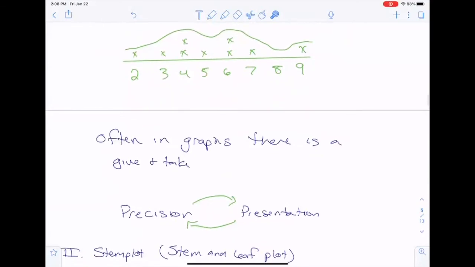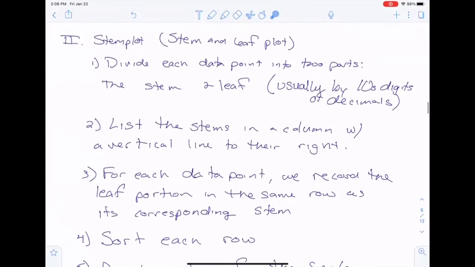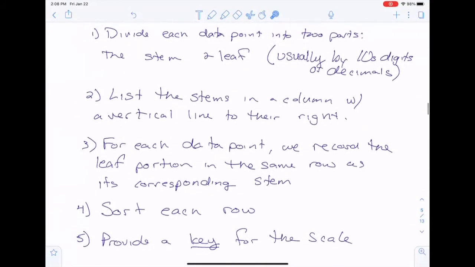So one way we can break down the precision but increase our viewability or our presentation is by using what we call a stem plot or a stem and leaf plot. In a stem and leaf plot, there's really 5 steps. We're going to divide the data into 2 parts, what we call the stem and the leaf. Usually what we do is we break a 2-digit number by the tens place and the ones place.